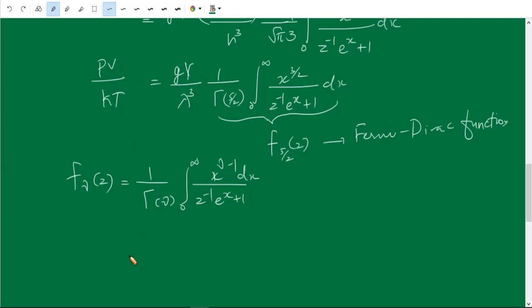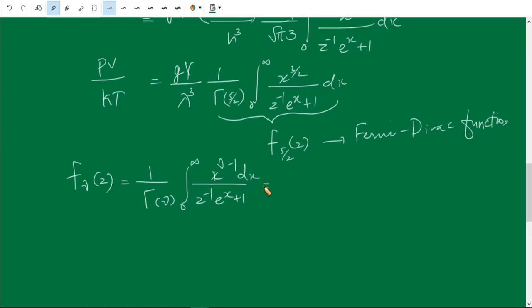It can be written in series form as f nu of z equal to z minus z square by 2 power nu plus z cube divided by 3 power nu minus z raised to 4 divided by 4 power nu.